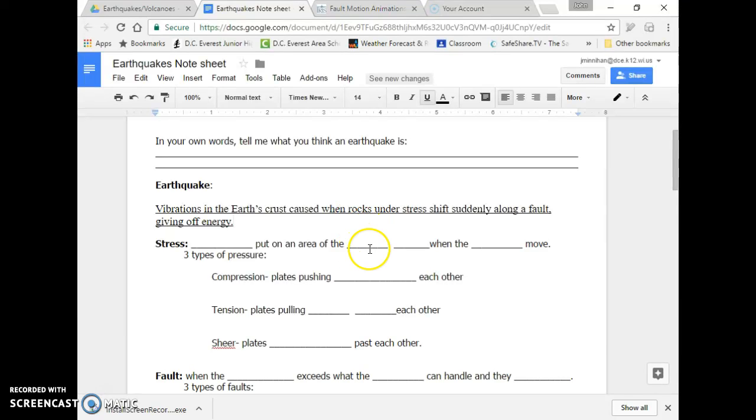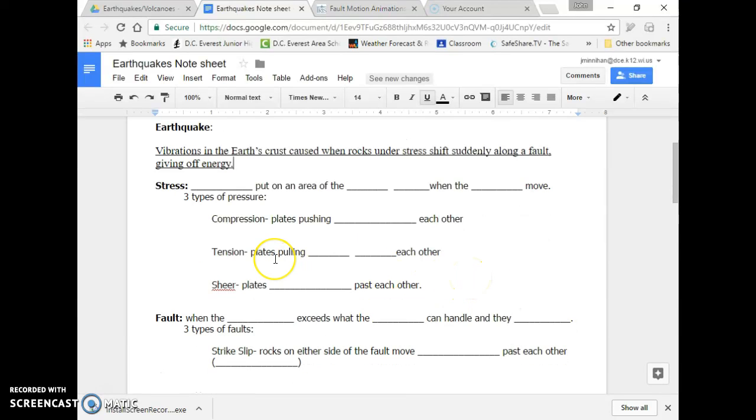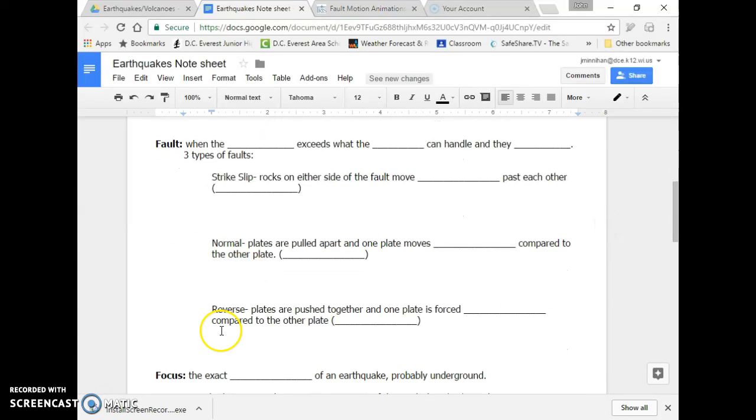Okay? So there are three different ways that a rock or a fault can be put under stress. And those stresses, or maybe you want to think of these as forces, are applied then to faults. So it's kind of like matching. We're going to match a stress up here, for example, a compression stress, to, for example, a reverse fault.